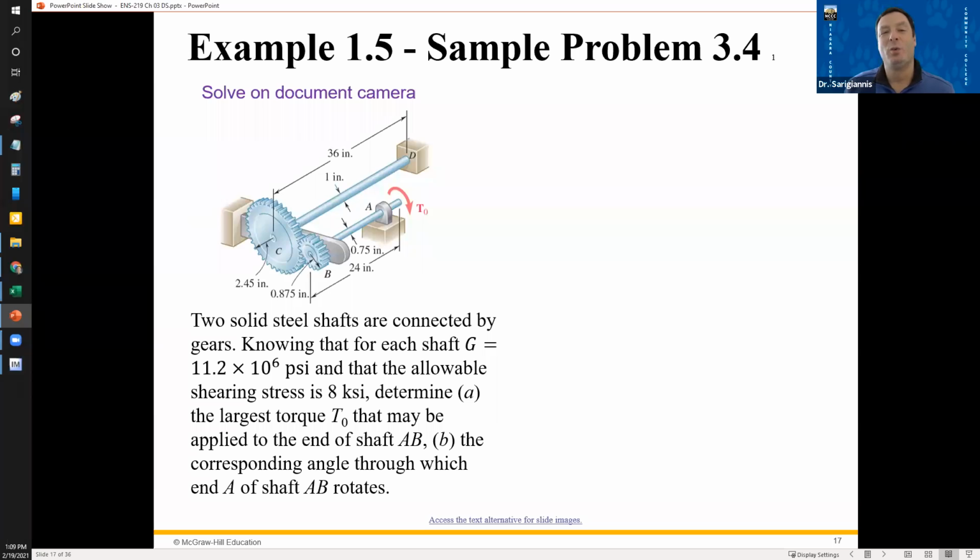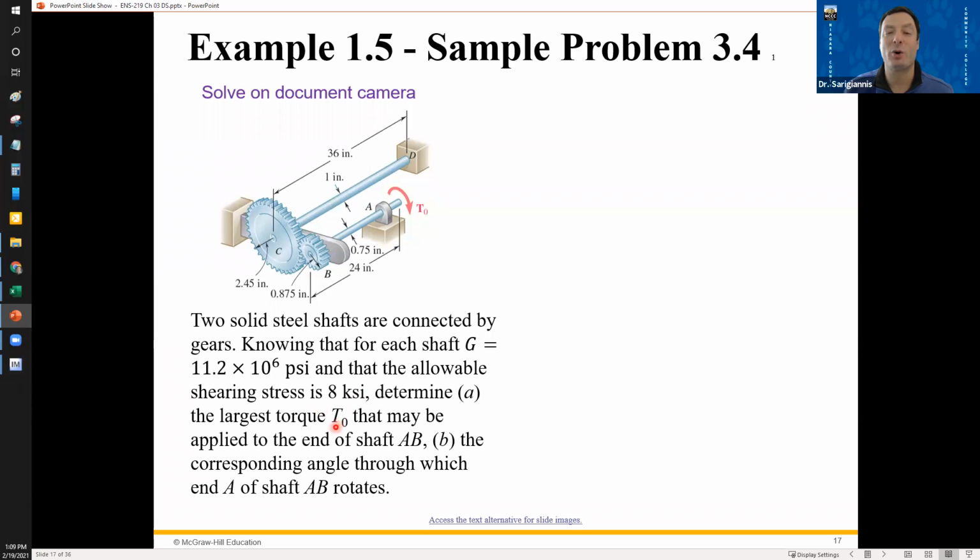All right. So we're going to take these concepts and look at this assembly. Two solid steel shafts are connected by gears. Here are our shafts. It looks like they're made of the same material with the same G, the same shear stiffness, 11.2 times 10 to the 6th PSI, and the allowable shearing stress is 8 KSI.